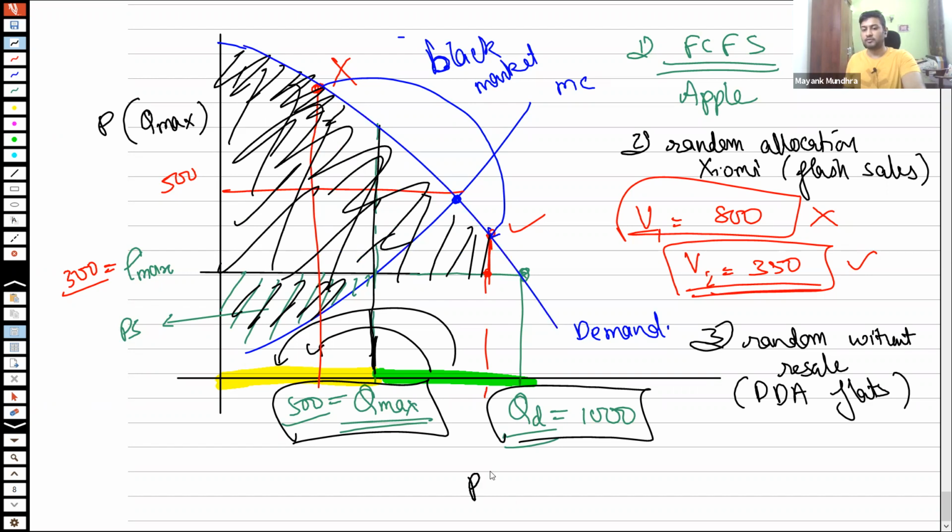The probability of getting the house will be Q max divided by QD. That requires a higher level of statistics to be able to solve, so you cannot solve it, but I just wanted to discuss these issues because they are interesting.